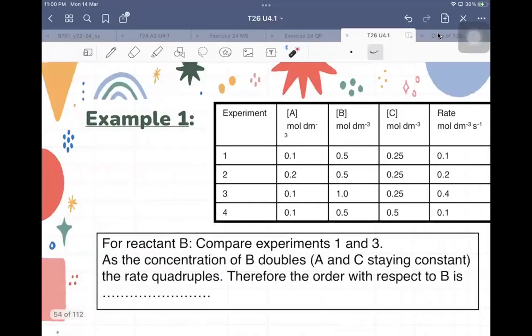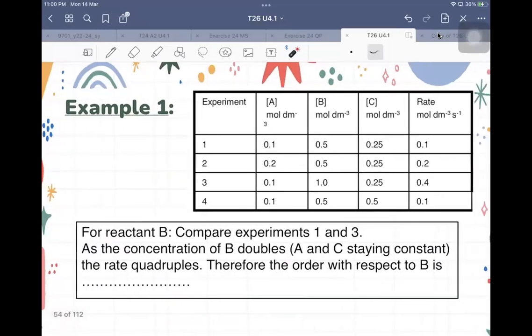Okay, moving on. Now we want to find the order for B. Okay, so we need to choose 2 experiments that only change the concentration of B while keeping your A and C constant. And I can see that experiment 1 and experiment 3, the concentration of A is constant, the concentration of C is also the same, and you are only changing the concentration of B going from 0.5 to 1.0.